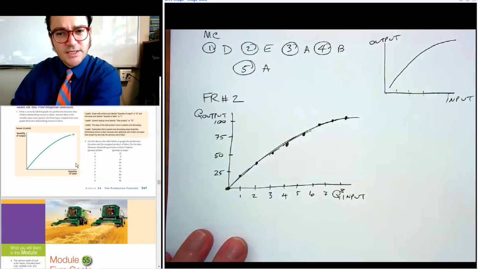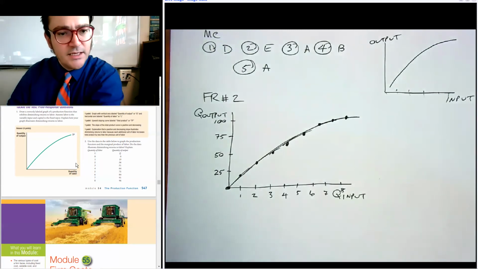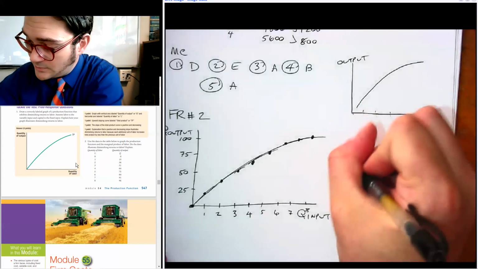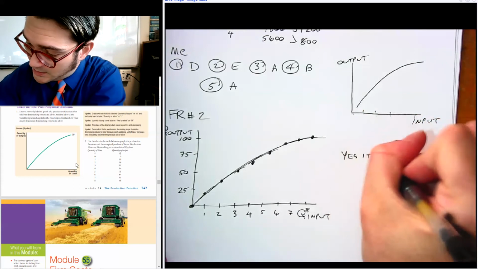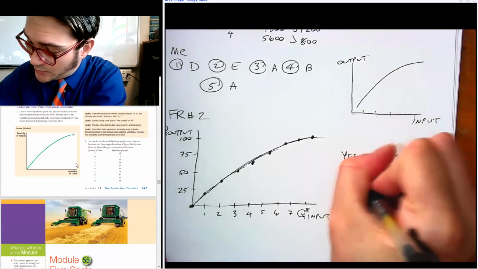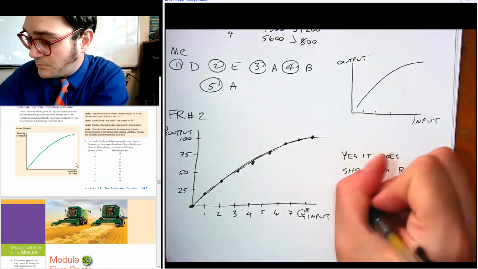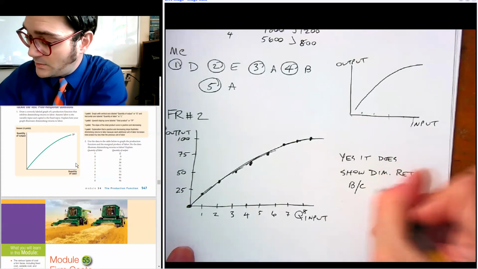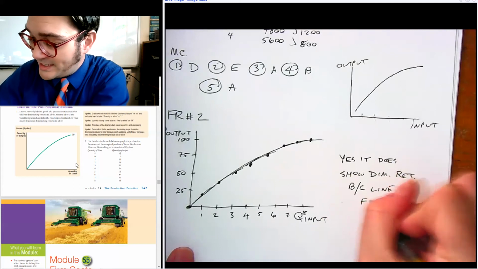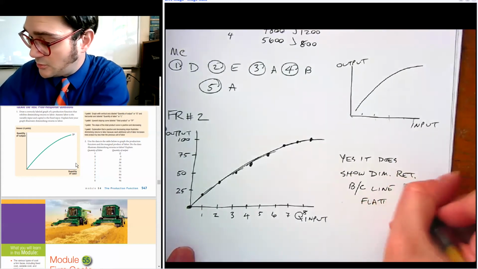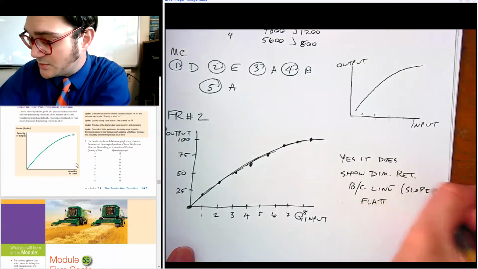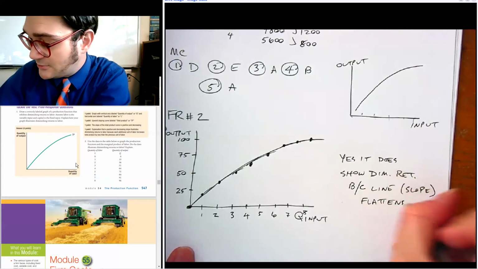And lo and behold, it does start to just flatten out like that. So we would say yes, it does show diminishing returns because the line flattens. We could actually be really specific here: the slope flattens out.